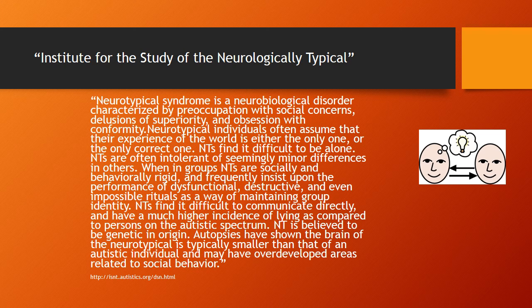When in groups, neurotypicals are socially and behaviorally rigid and frequently insist upon the performance of dysfunctional, destructive, and even impossible rituals as a way of maintaining group identity. Neurotypicals find it difficult to communicate directly and have a much higher incidence of lying as compared to persons on the autistic spectrum. Neurotypicality is believed to be genetic in origin. Autopsies have shown that the brain of the neurotypical is typically smaller than that of an autistic individual and may have overdeveloped areas related to social behavior.